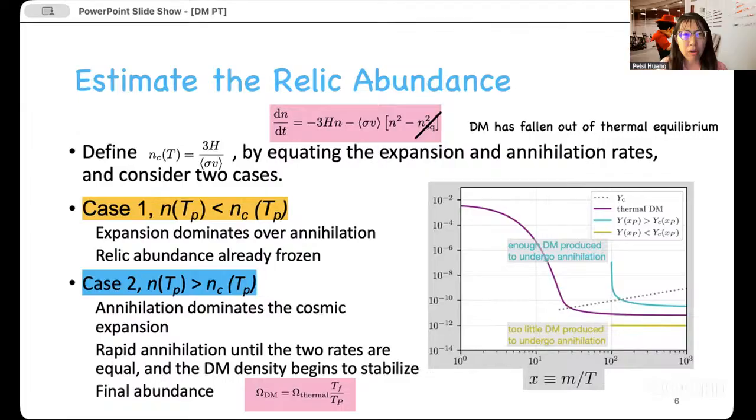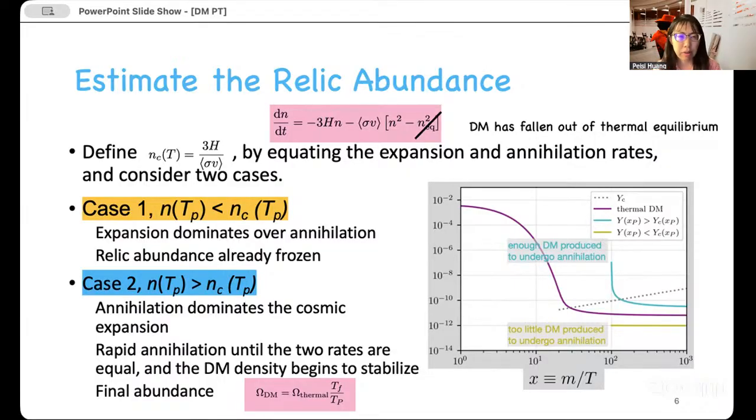The final relic abundance is a competition between the expansion of the universe and the annihilation. So we define a critical number density by equating the expansion and annihilation rates to track the effect of those two terms. And we consider the following two scenarios.